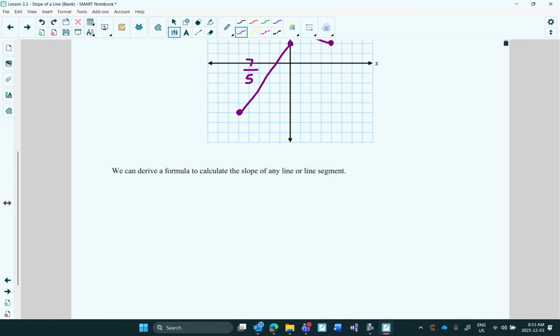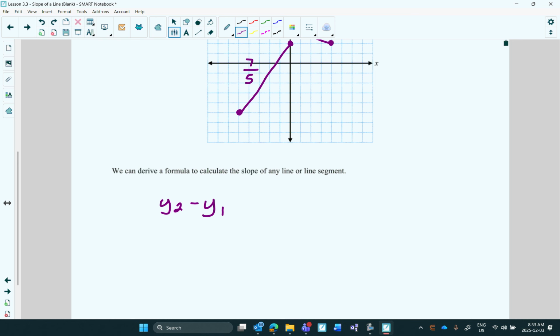And if you think about it, when I first defined it, I said it was the vertical change divided by the horizontal change. Well, the vertical change is the difference between the y coordinates from one y coordinate to another. So I can take the second y coordinate, subtract the first.